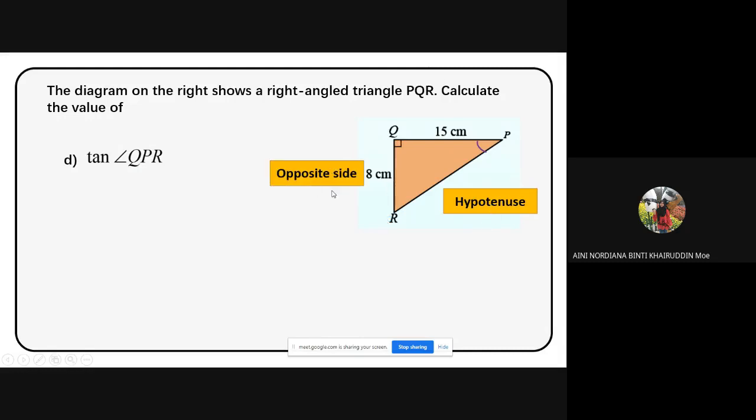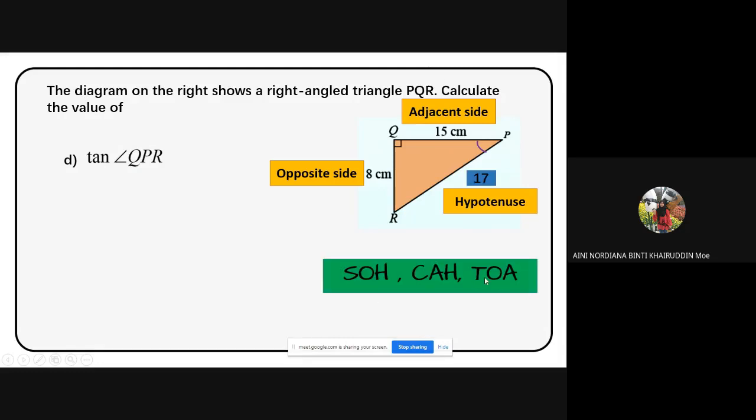Now QR becomes the opposite side because the angle is P, and QP or PQ is the adjacent side. So the question asks tangent. So tangent is TOA, opposite over adjacent. Opposite is 8, adjacent is 15. So 8 over 15. Okay?